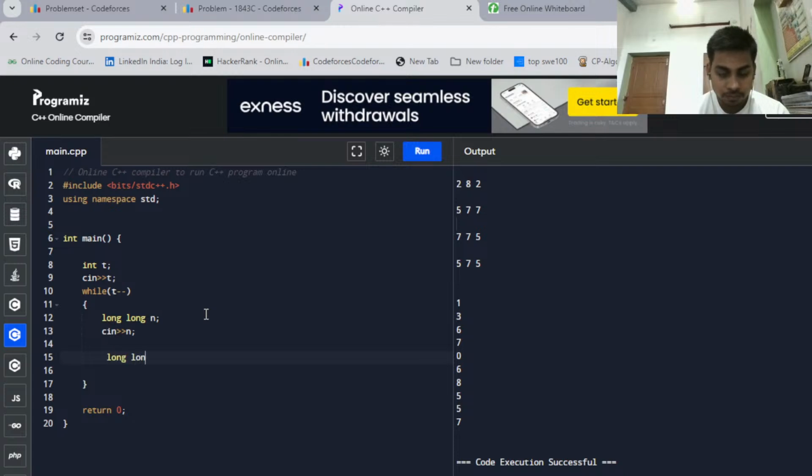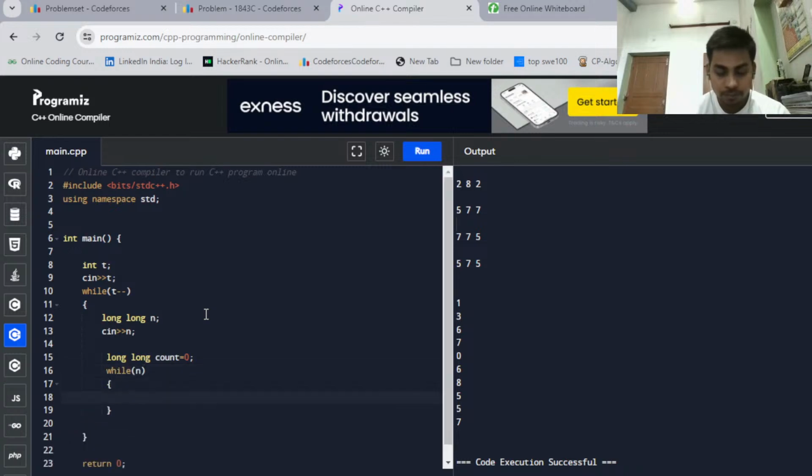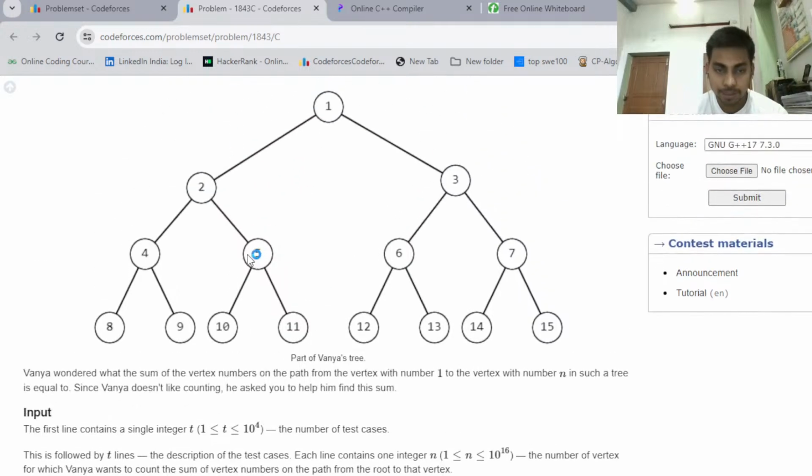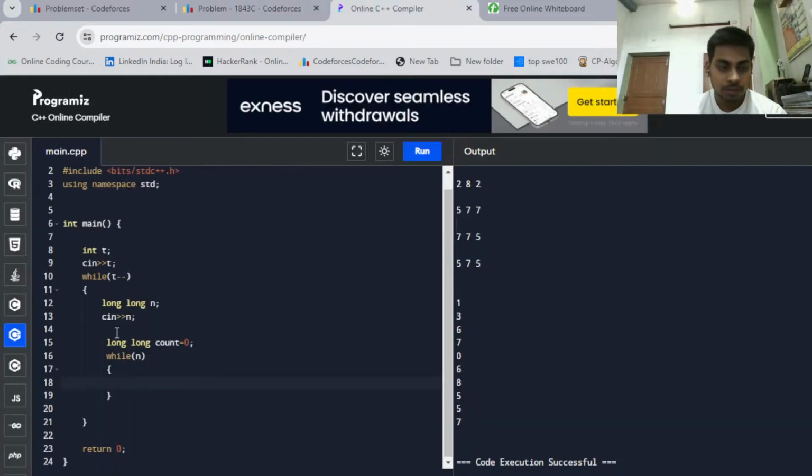Long count is equal to 0, and while n is not 0, what we will do is add. Initially when we are starting from 10, we have to add 10, then we add 5. First we add the original number, then we add half of it, then half of that, and so on. Instead of taking count, we will take a sum basically.